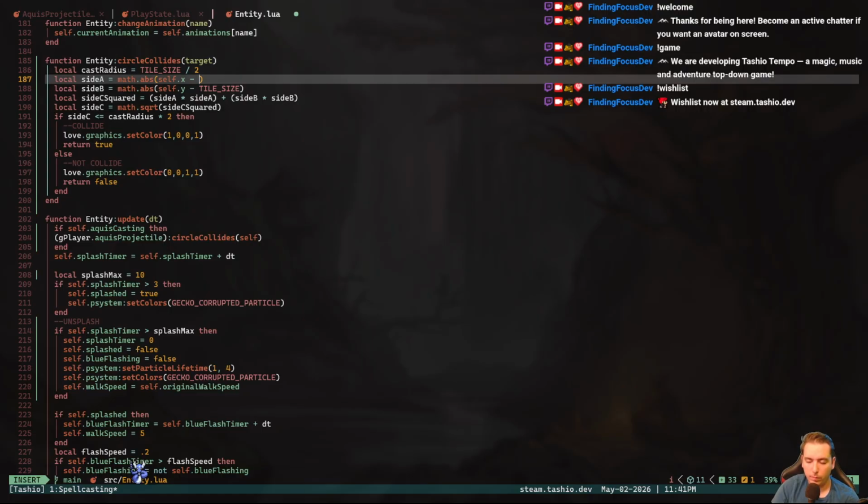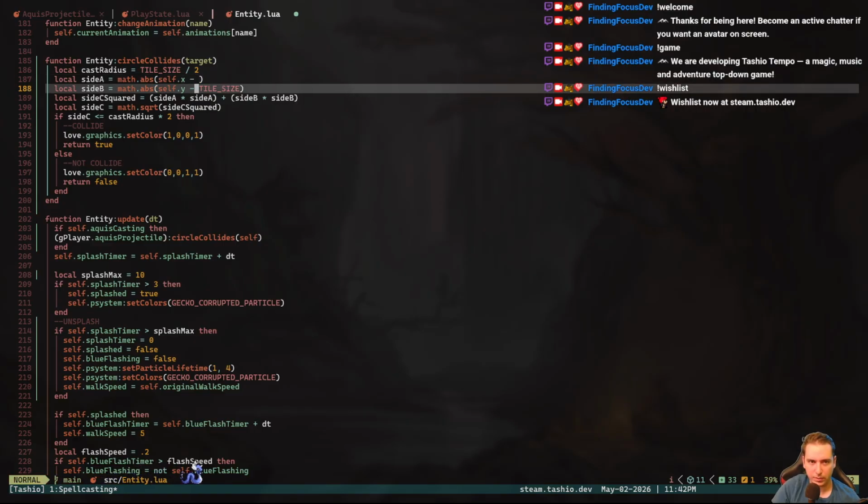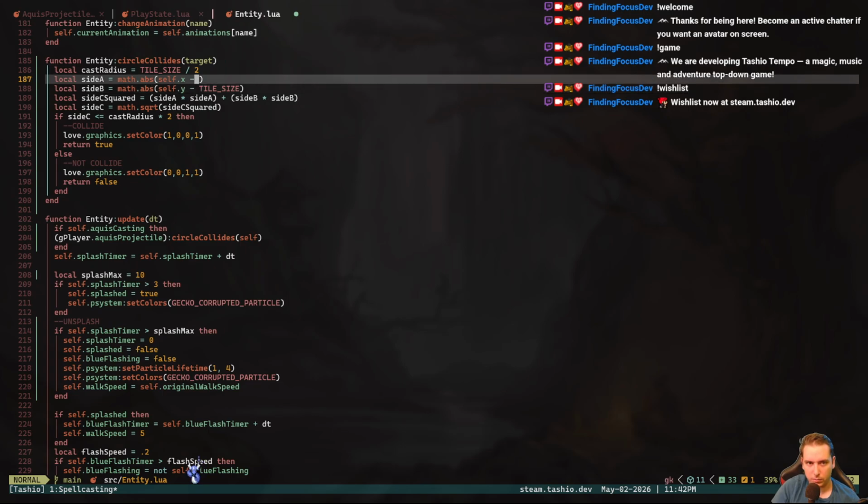But yeah, because the tile size here was just the y position and the x position of the one that was stationary, which in this case would be the entity, which is self x, I want to say.